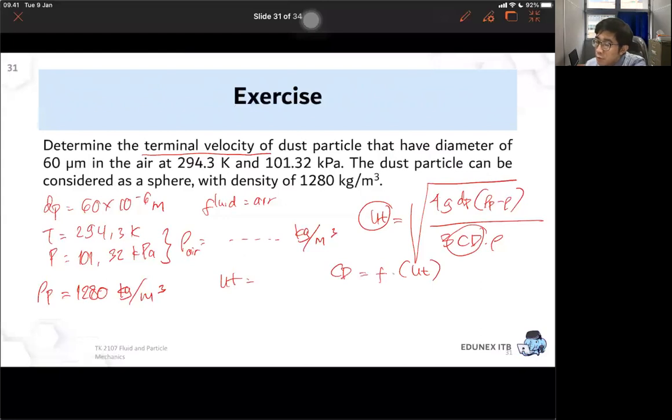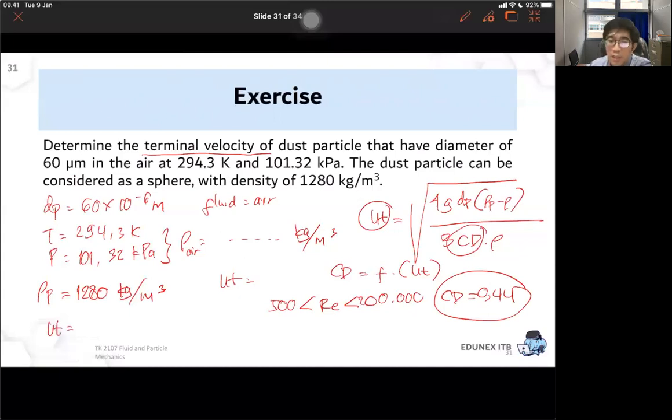Basically, first you can assume the Reynolds number falls in this area, which is CD is 0.44. Have you calculated by using this assumption? What is the terminal velocity if you put the value of the drag coefficient as 0.44?